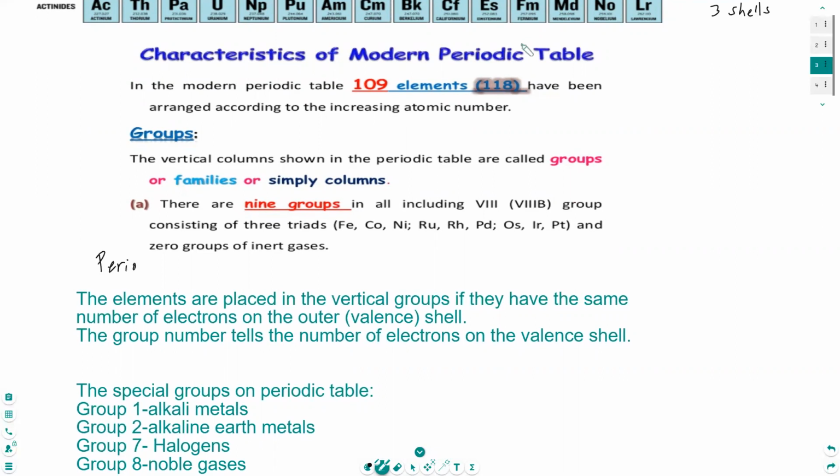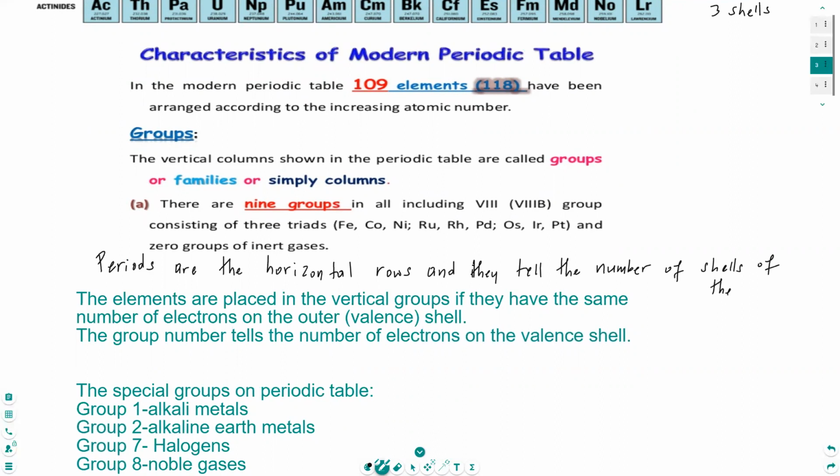The periods are the horizontal rows and they tell the number of shells or energy levels of the elements, all right, as we saw before.